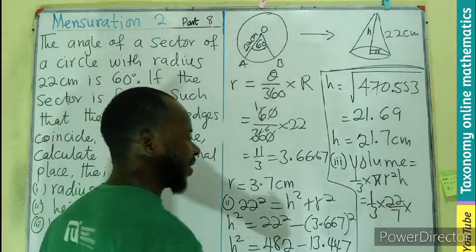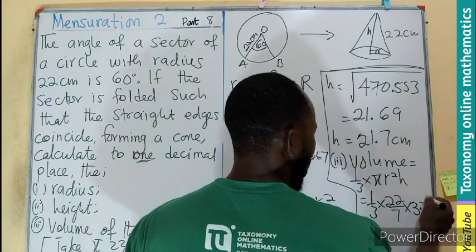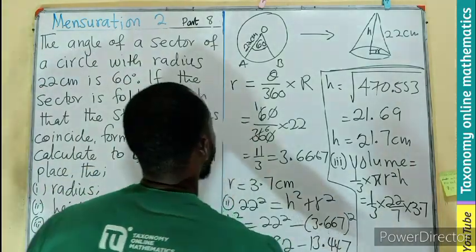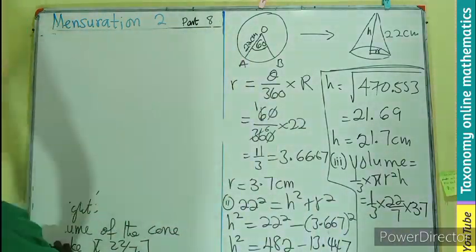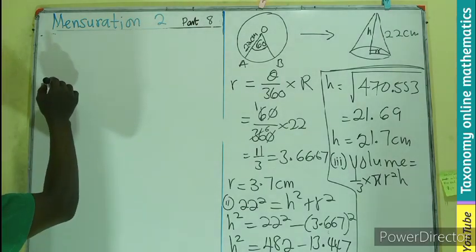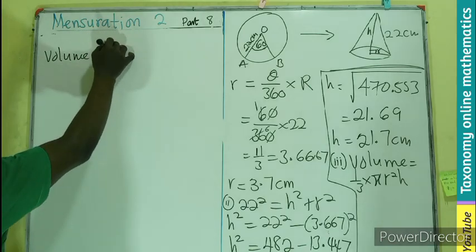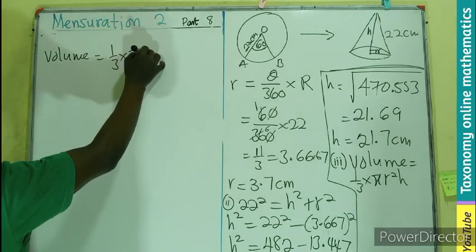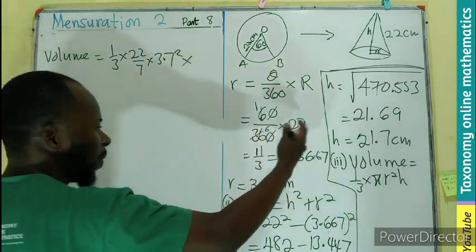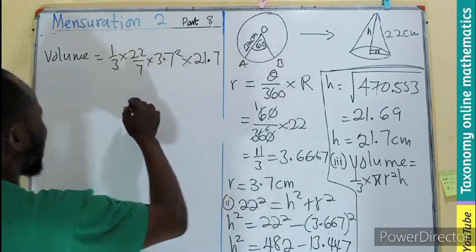Our r is 3.7, all squared. So our volume will be equal to 1/3 times 22/7 times 3.7 squared times the height, 21.7.